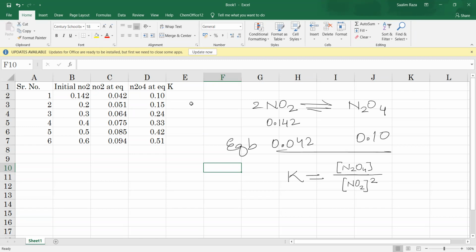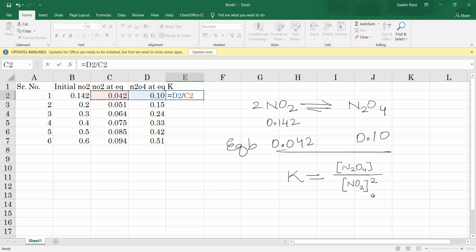This is the equilibrium constant for us. Now let me give an equal to sign, and in the ratio that we will have, we will divide this by the concentration of NO2, and I also need to multiply this.